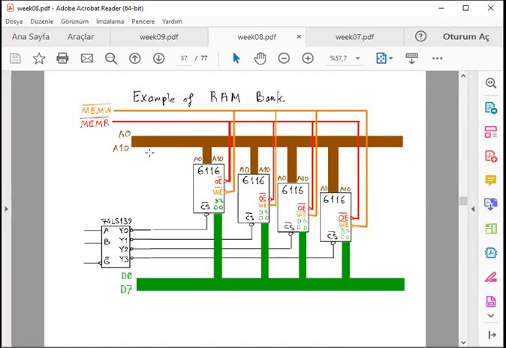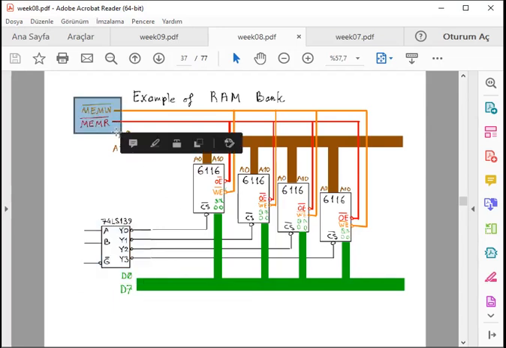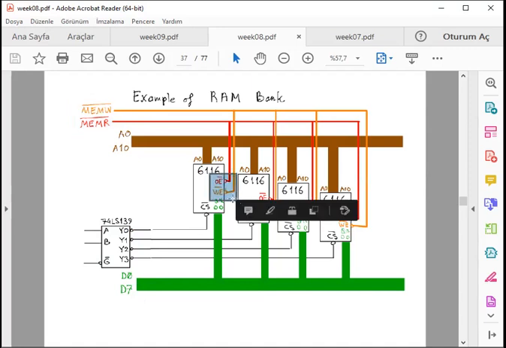If we consider a RAM block, now we use 6116 instead of 2764. The decoder and its approach are the same, but we have two controls. We can read as well as write to the memory. Reading is made by output enable, and writing is made possible by write enable.